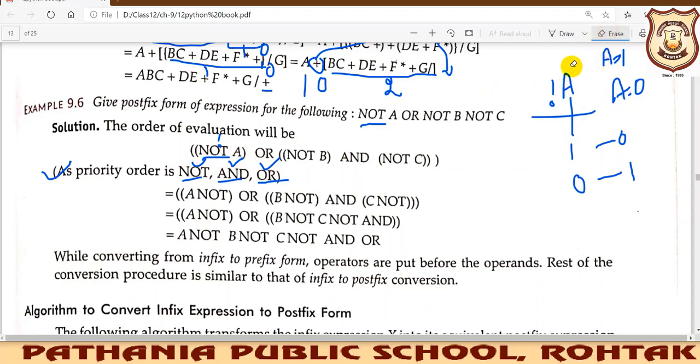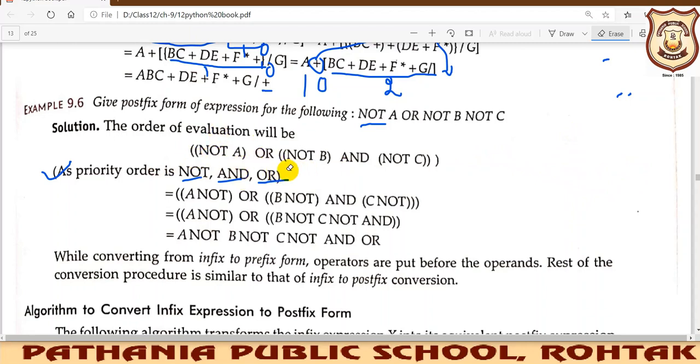So you should always remember that we have to give precedence to not first.